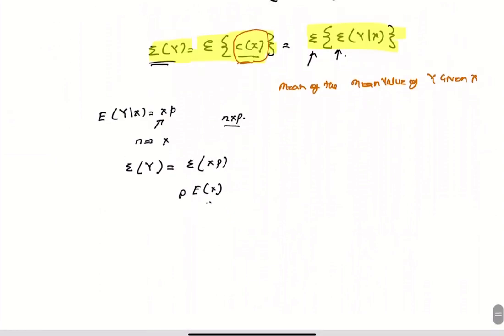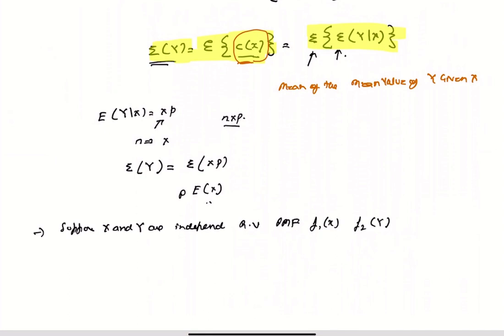Okay, now the other question that we will explore is: suppose x and y are independent random variables with the PMFs f1 of x and f2 of y, and let z be another random variable which is x plus y.